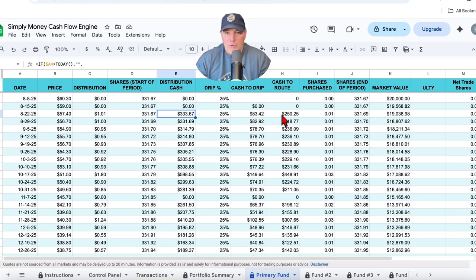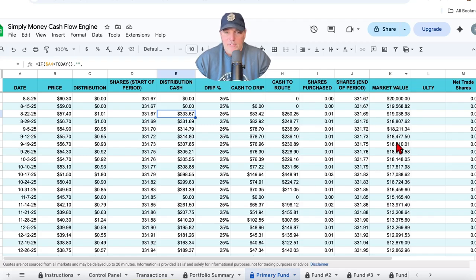And that means I have $250 to route. Cash to route means cash that's going to go into the other funds based on the percentages that you picked. So this cash to route is what's going elsewhere. This cash to drip is what you're buying more shares based on this current price. And so you can see you get 0.01 share. It adds it here, and that's your shares at the end of the period.